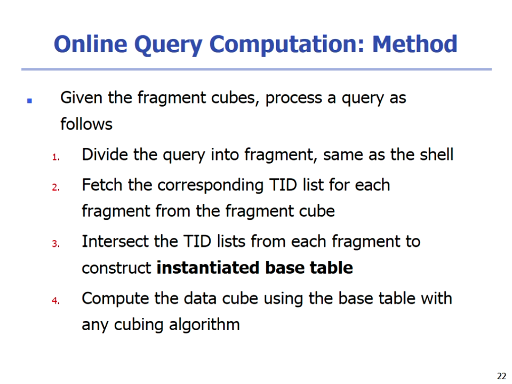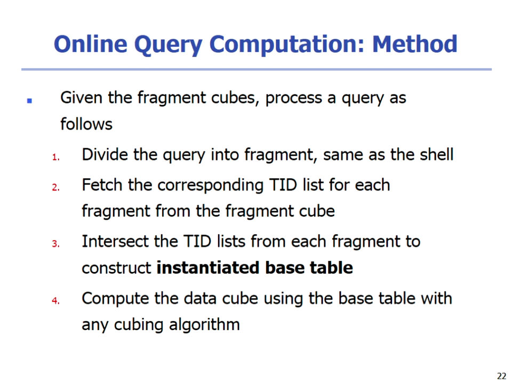After that, we fetch the corresponding TID list for each fragment from the fragment cube. After that, we intersect the TID lists from each fragment to construct the instantiated base table, and finally we compute the data cube using the base table with any cubing algorithm.